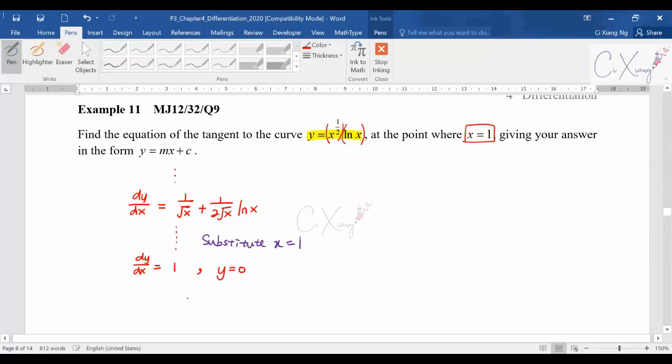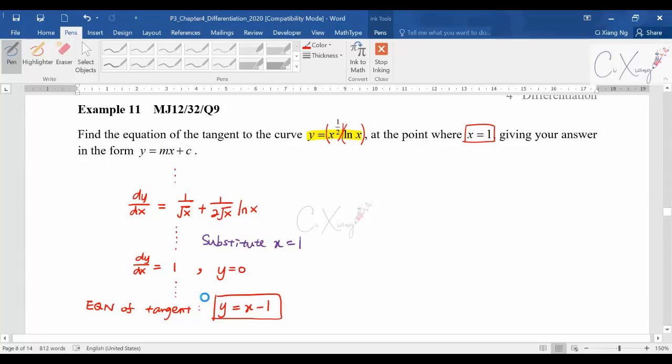After that, if you continue from here, try to form the equation of tangent. So the equation of tangent will be y equals to x minus 1.